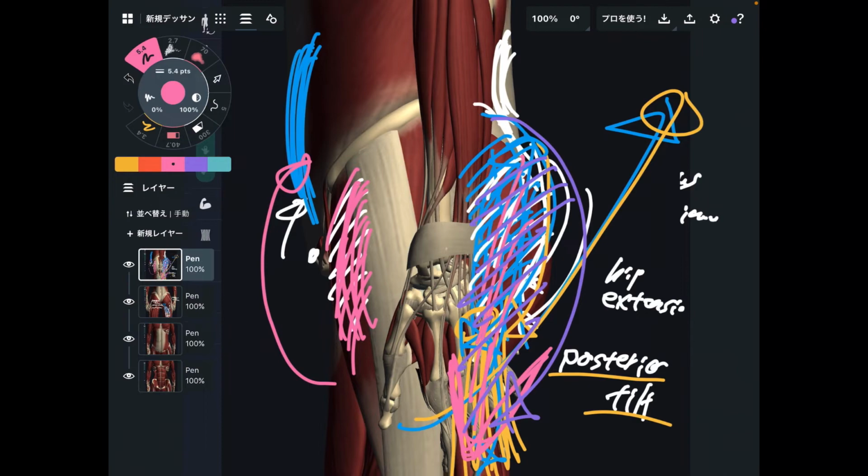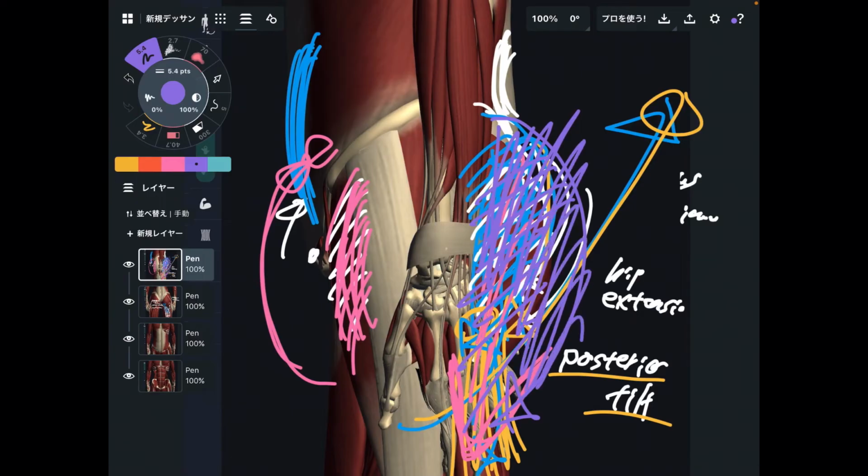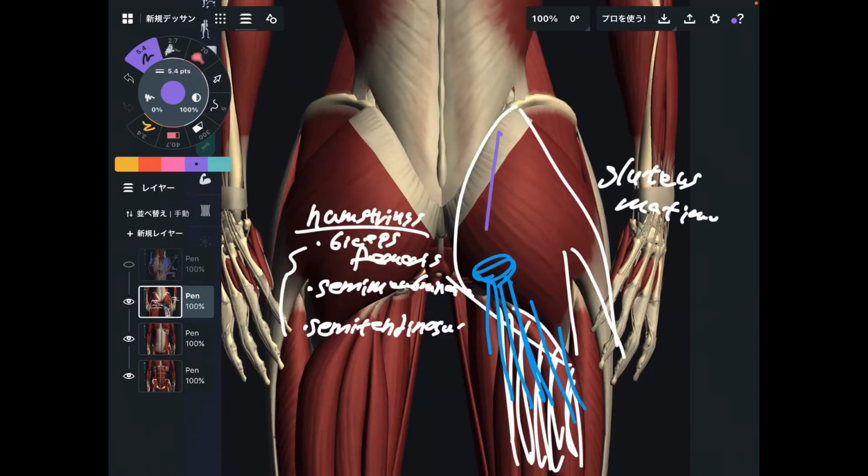Anterior tilt muscles are also hip flexor muscles. Okay? Hip extensor muscles are posterior tilt muscles. It's important to distinguish these two characteristics. Very important. Gluteus maximus and hamstrings are main muscle for posterior tilt.